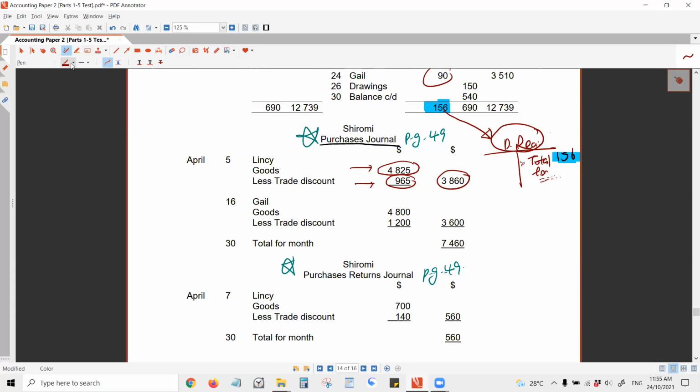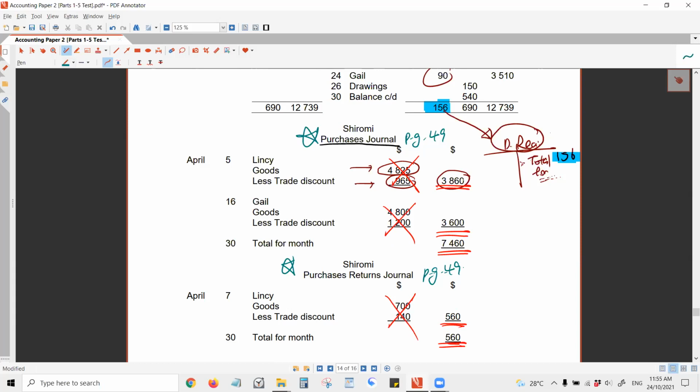If you look at my materials, we would not care about the amount before trade discount or the amount of trade discount. We ignore these figures because the number that you will take will be only the amount after trade discount.